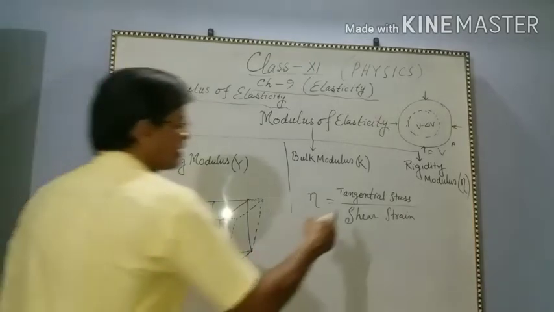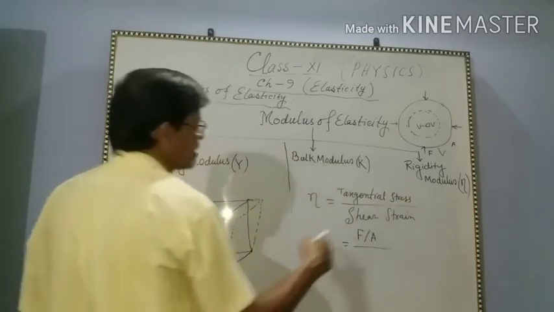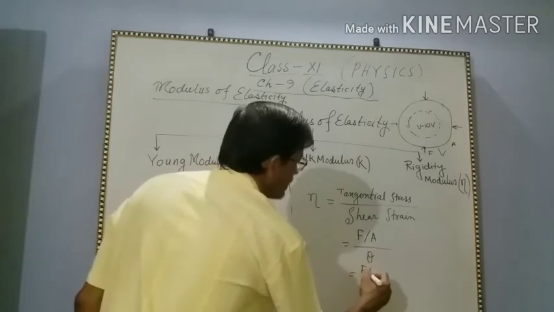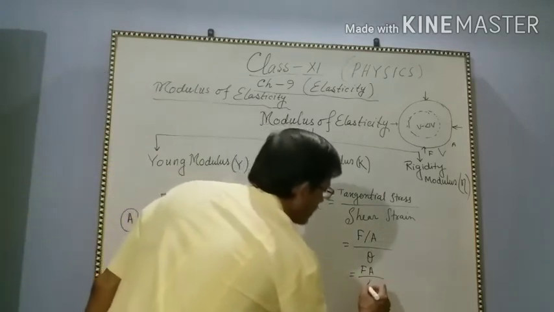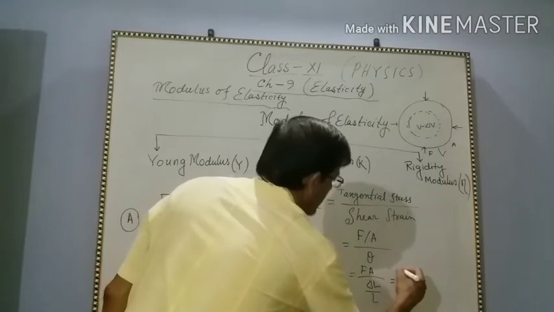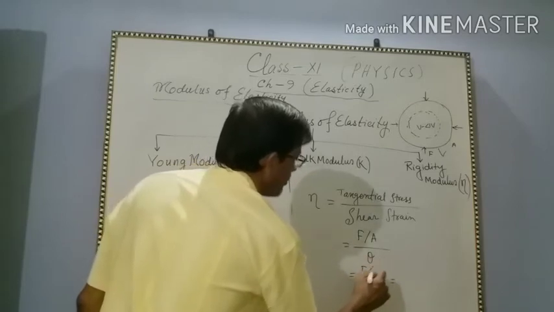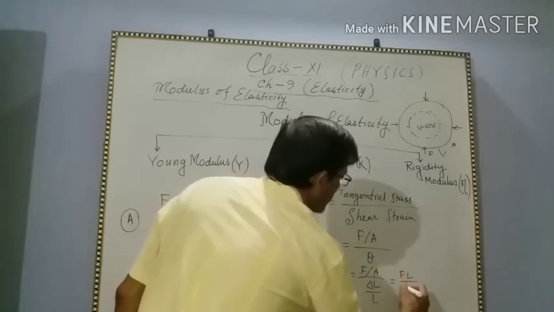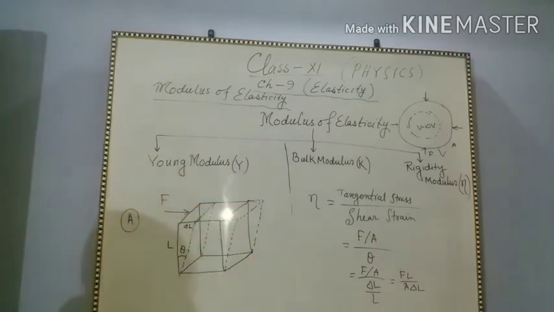So tangential stress is F by A, and shear strain is theta. Theta is arc by radius, delta L by L. So it becomes FL by A delta L. This is the rigidity modulus.